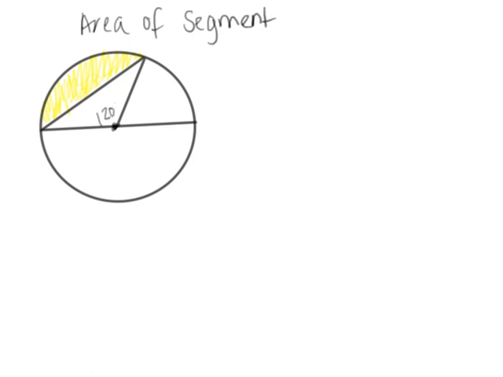Let's say we know that this is 120 degrees and that this diameter is 8 feet long. If they want me to find the area of this segment, I first have to figure out what the makeup of a segment is. The makeup of the segment is this sector, and I'll outline it in red, right here.